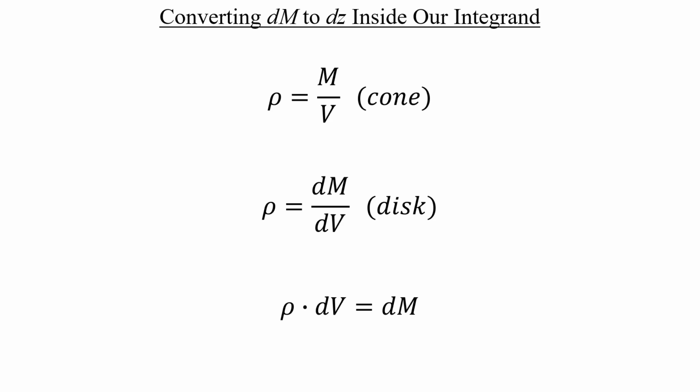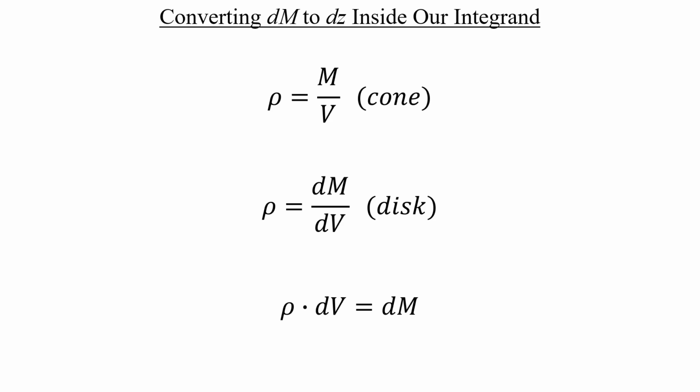Let's go one step further and replace dV with its definition. And what would that be? Well, the volume of a regular disk is pi r squared times its height, or its thickness, whatever you want to call that.